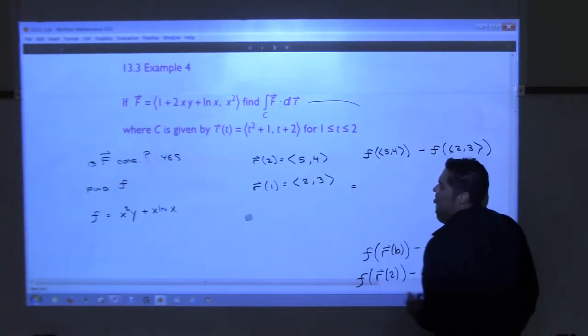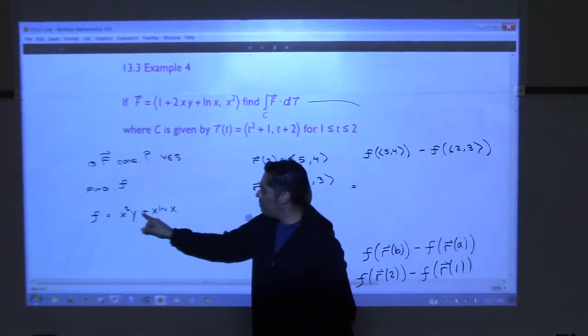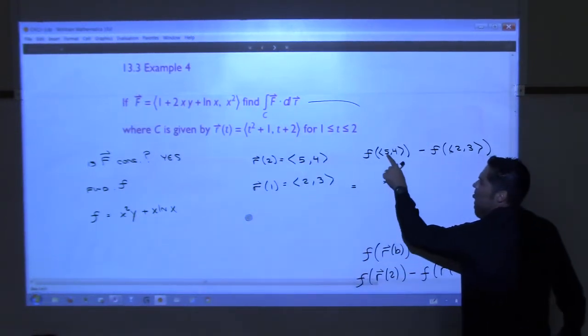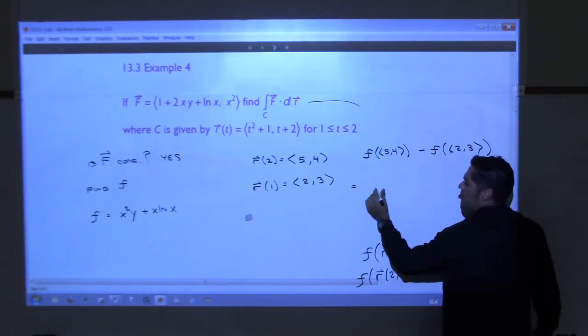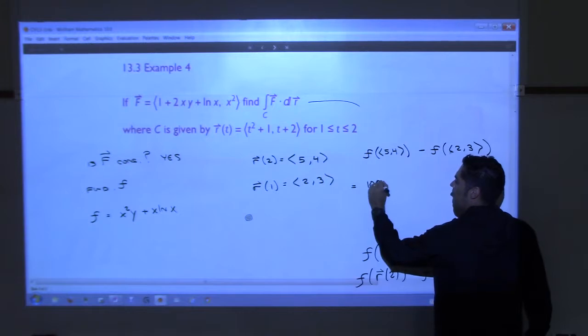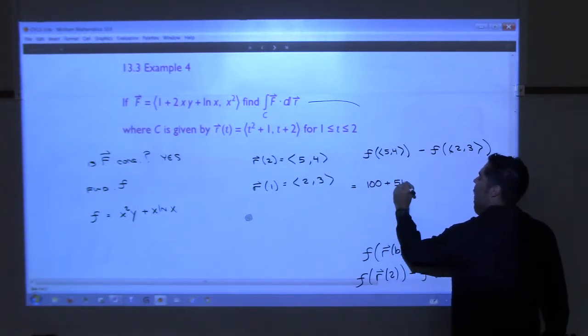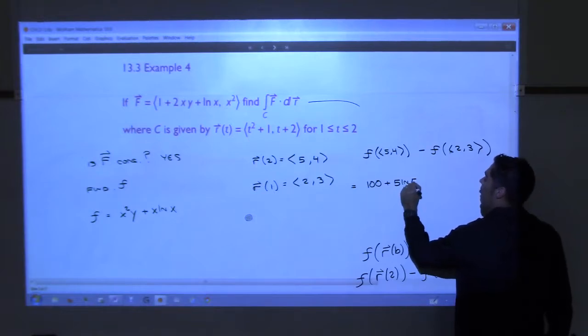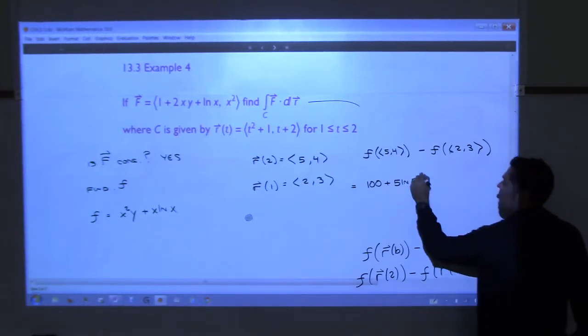Now this is equal to, let's plug in right here. We have x squared y plus, so x squared would be 25 times 4, right? That's 100 plus 5 ln of 5, like that. That's what I get when I plug in that point.